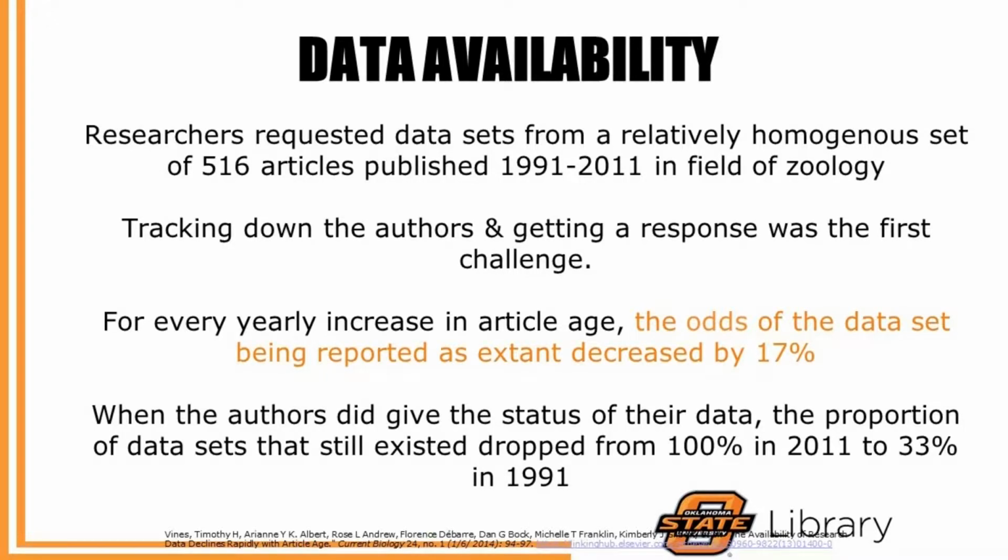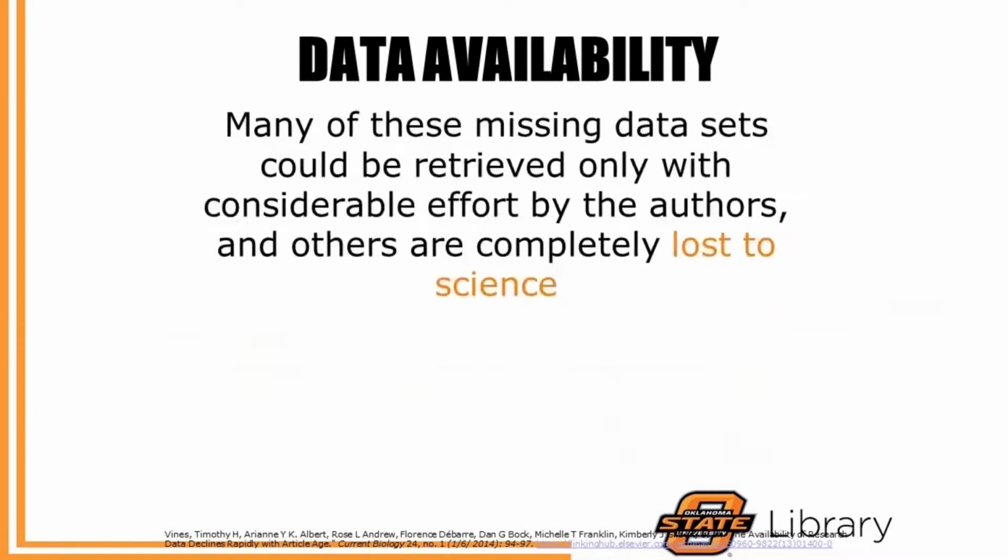And even among those authors that did answer back, the proportion of data sets that still existed dropped from 100% in 2011 to 33% in 1991. So many of these missing data sets could only be retrieved with considerable effort. You know, they're on a hard drive somewhere. I don't know what file type it is. And the rest are just lost to science.